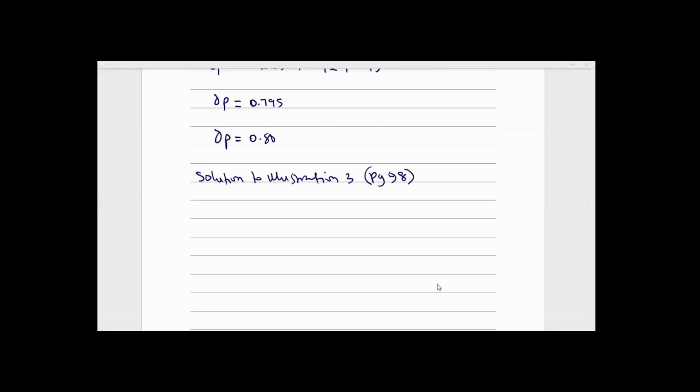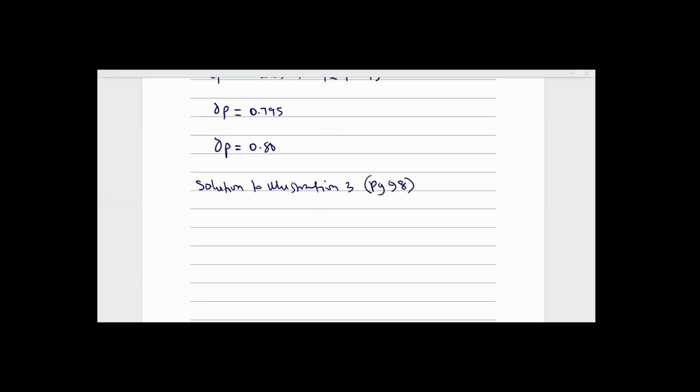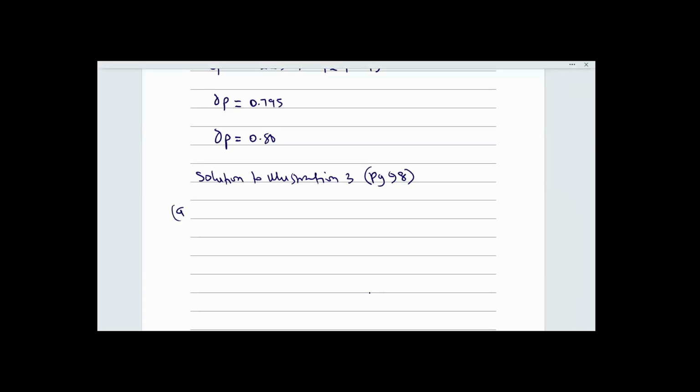To get the present value, you multiply cash inflow with the discount factor. Let me put it down. A, calculating present value, PV.